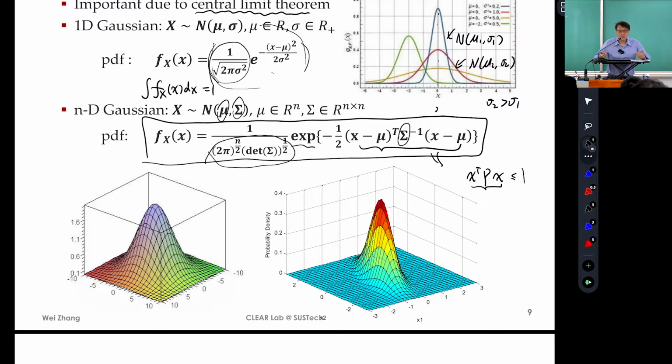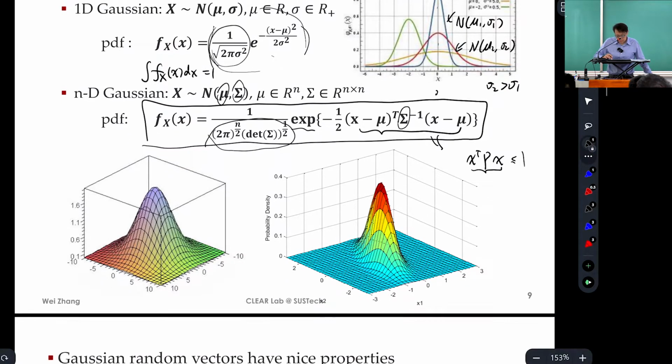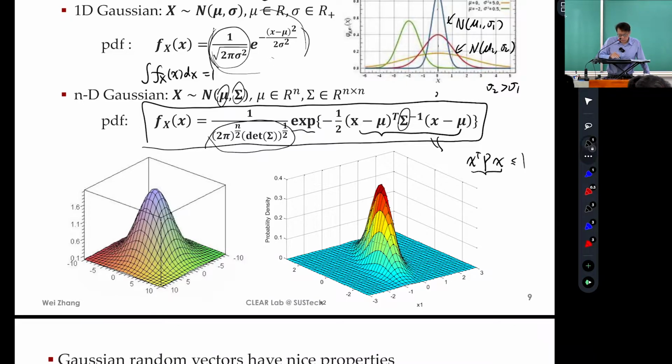That makes it a valid density function. If n is 1, this becomes the earlier formula. If I want to say whether a vector is Gaussian or not, you just need to check whether its density is of this form or not.